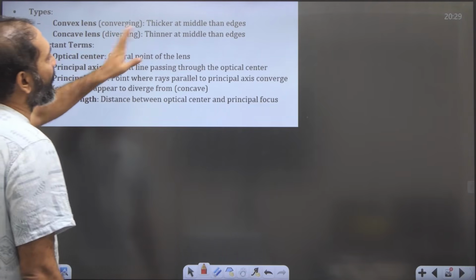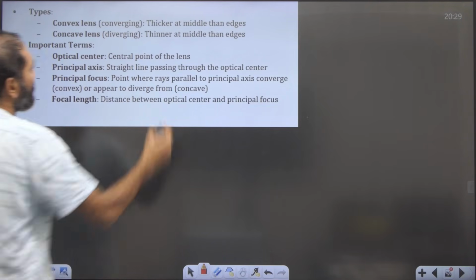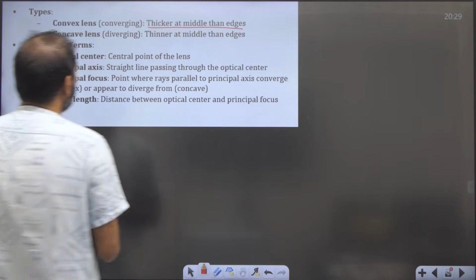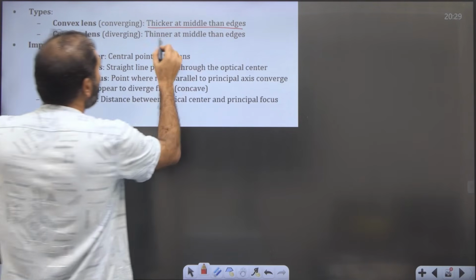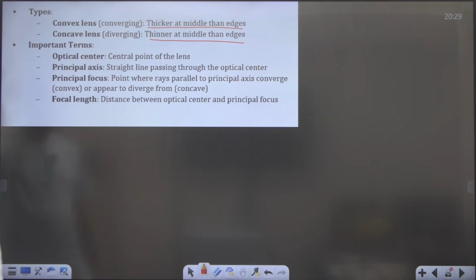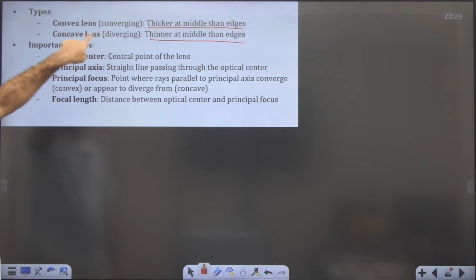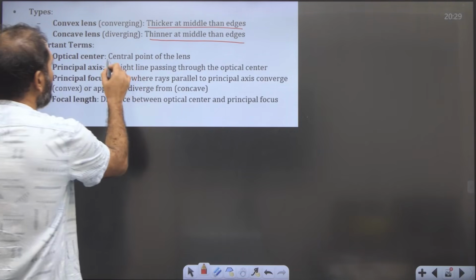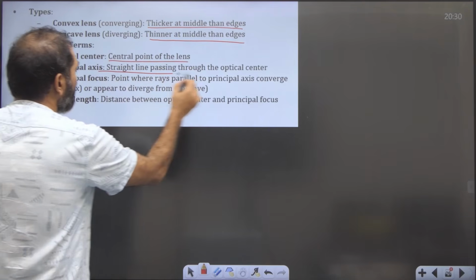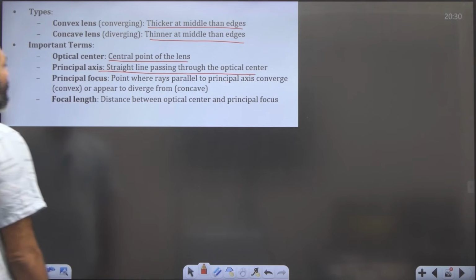A convex lens is thicker at the middle than at the edges. A concave lens is thinner at the middle than at the edges. So, middle portion thicker, convex; middle portion thin, concave lens. Important terms: optical center, the center point of the lens. Principal axis, the straight line passing through the optical center.